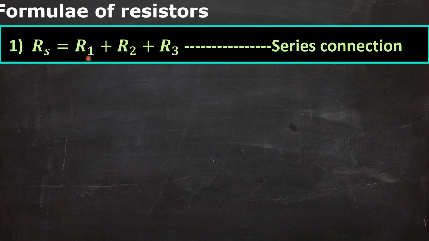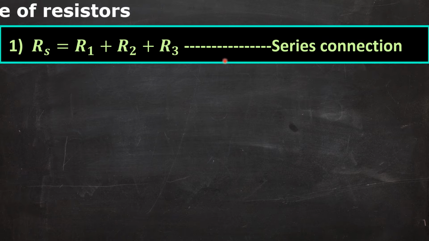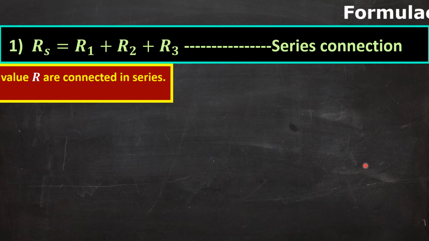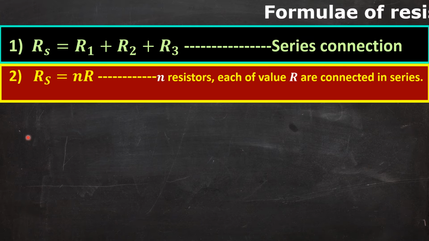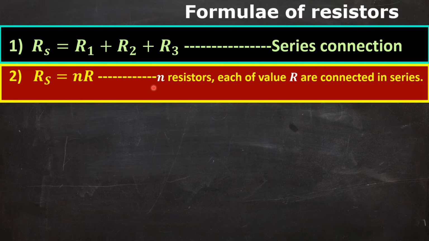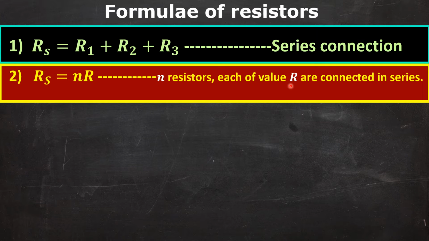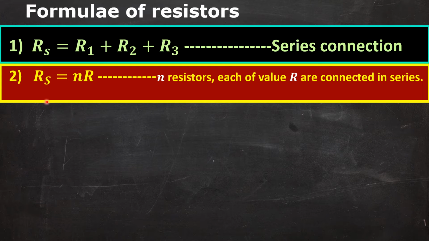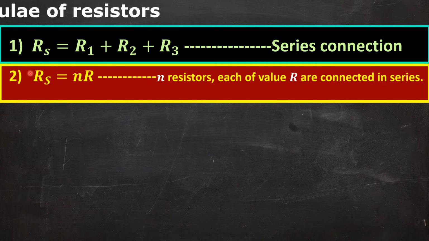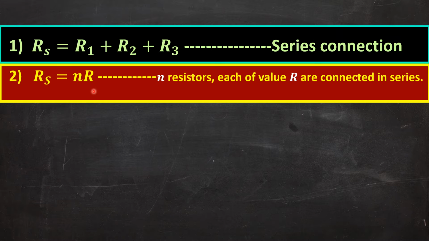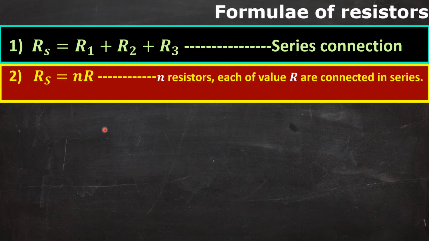This is the formula we have to use when resistors are connected in series to find the equivalent resistance. And Rs equal to nR: when n resistors, each of value R, are connected in series, the equivalent resistance can be found by using this formula, Rs is equal to n into R. n is the number of resistors and R is the resistance value of each resistor.